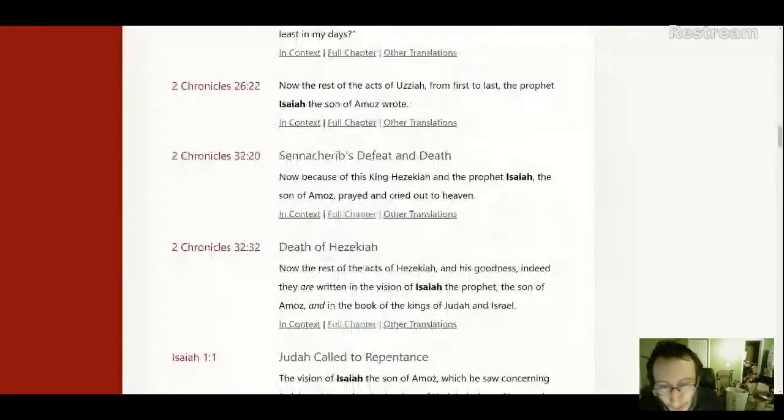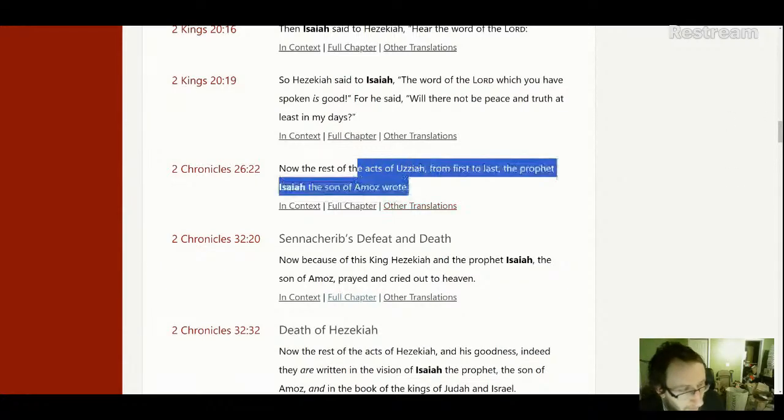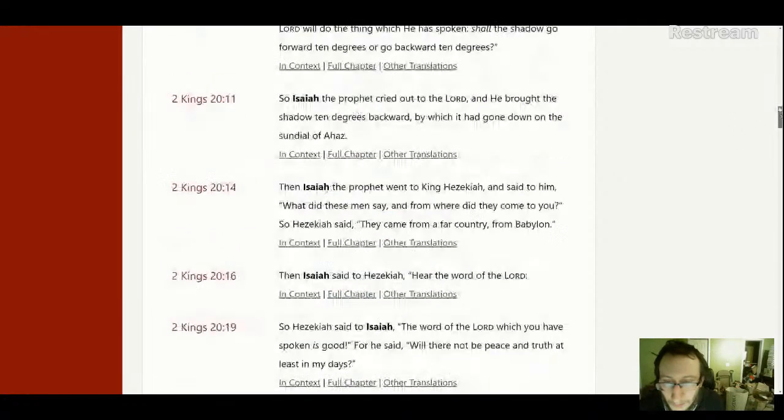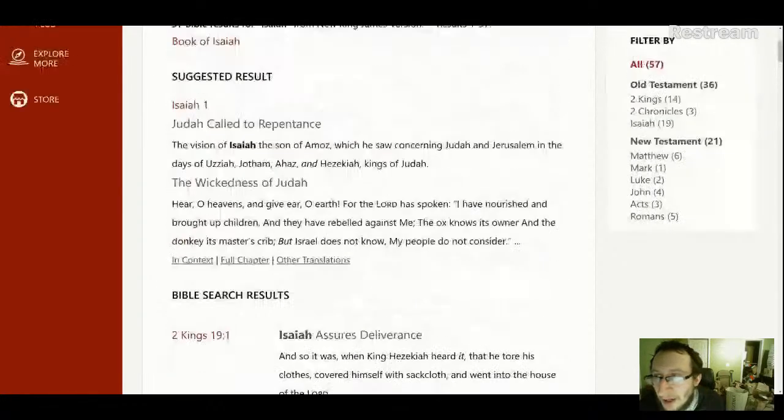It says the rest of the acts of Isaiah, what Isaiah did, the prophet Isaiah wrote, but it's not in the book of Isaiah. So there was some Apocrypha Isaiah book which contained a fuller account of what Isaiah did. So, at any rate, using all this information, we see very clearly that there were other books.